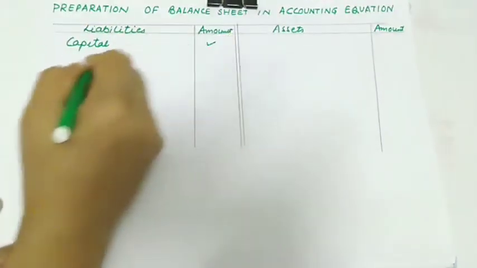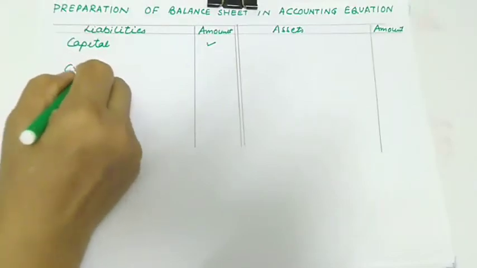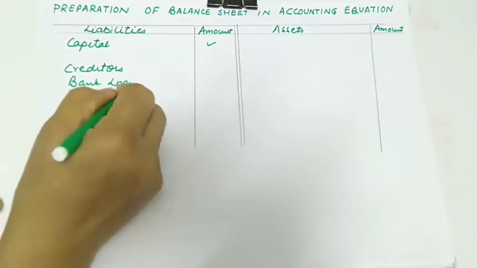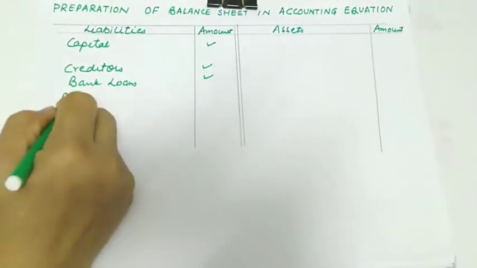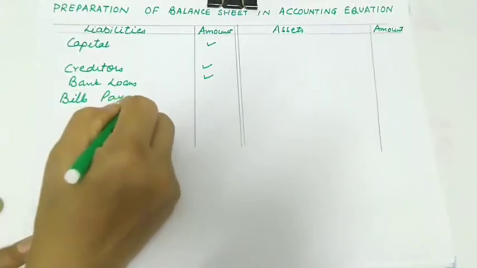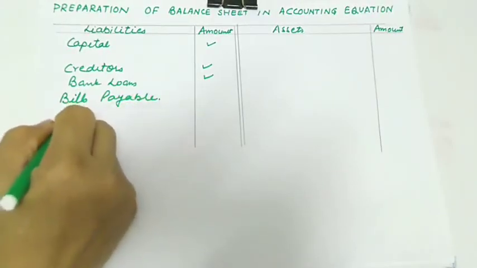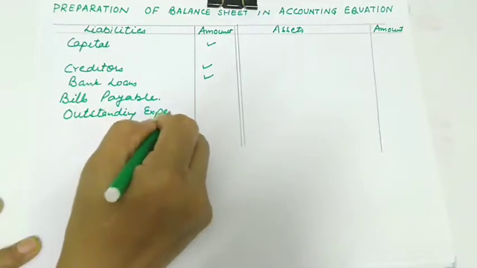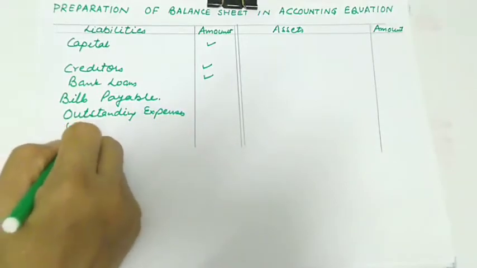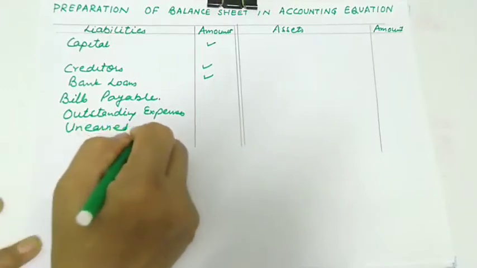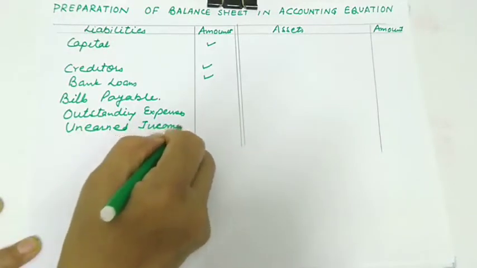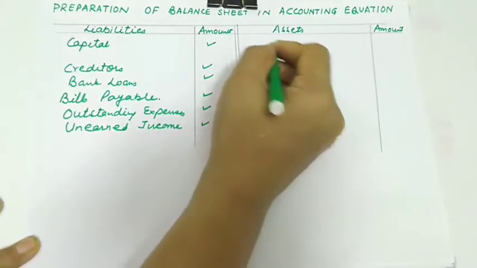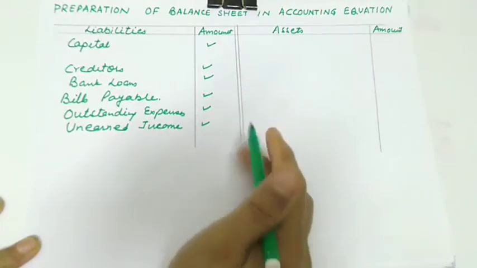One is your capital, which is known as internal source, and the external sources are creditors, then bank loans, then your bills payable, then outstanding liabilities, outstanding expenses, then unearned income or income received in advance. So we'll be writing all these items here on the liability side.